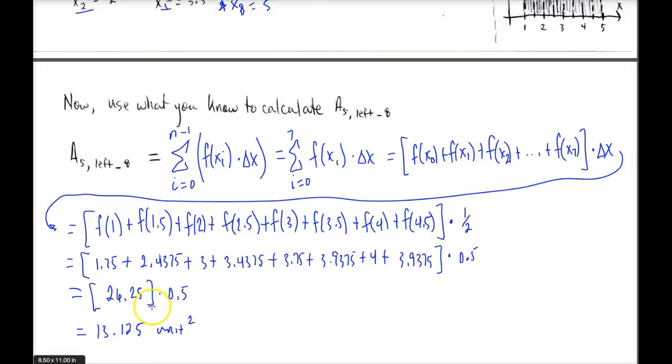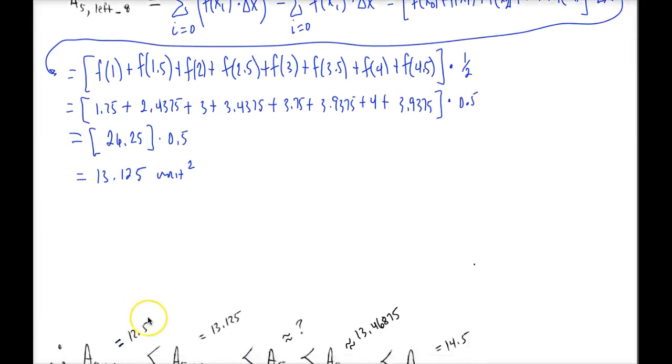As we see, this number is a little more accurate, but now it's closer to the left endpoint estimate we had with 4 rectangles. That's to be expected since this is a left endpoint estimate as well.